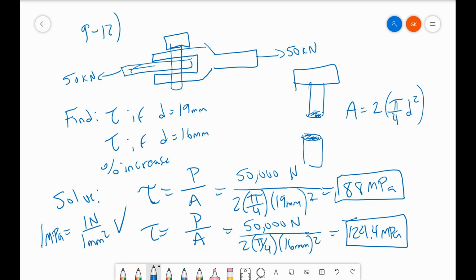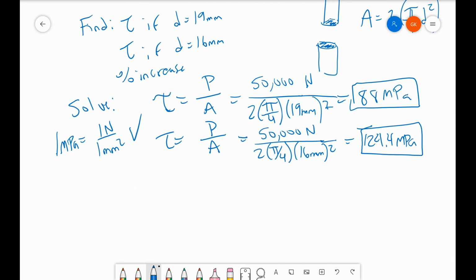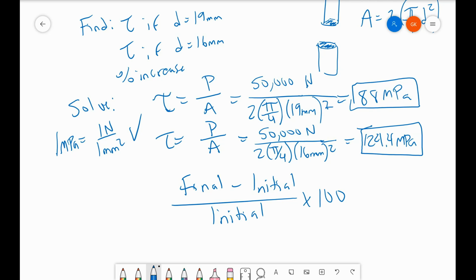Now the last thing it asks us for is the percent increase. I'm going to move up a little bit here. Yes, I can move this around. You didn't realize that, did you? Percent increase is always final minus initial over initial times 100, for whatever it's asking for.